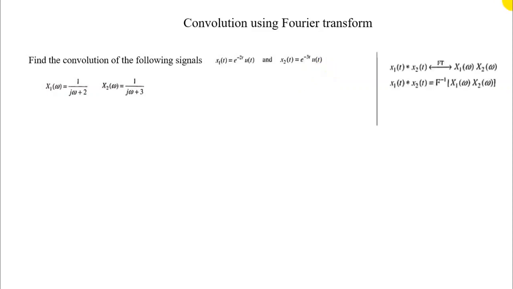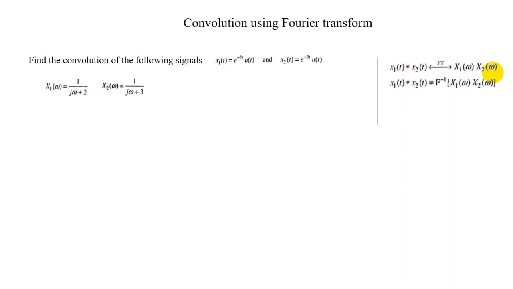As we know from the property of the Fourier transform, if you need to perform the convolution of two time domain signals, you need to have the Fourier transform of each of them. That means the Fourier transform of x1 is X1(omega) and the Fourier transform of x2 is X2(omega).